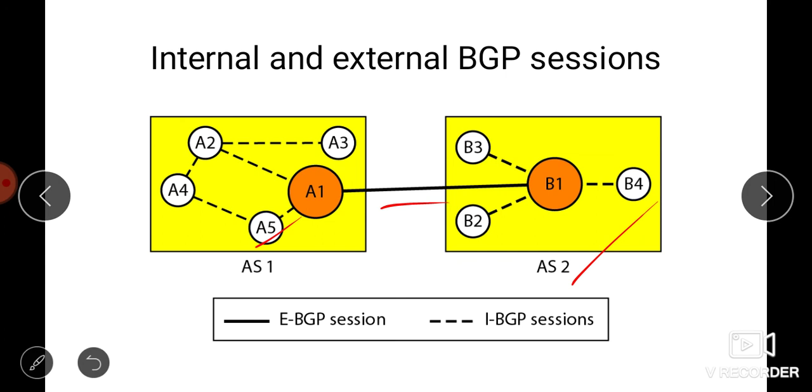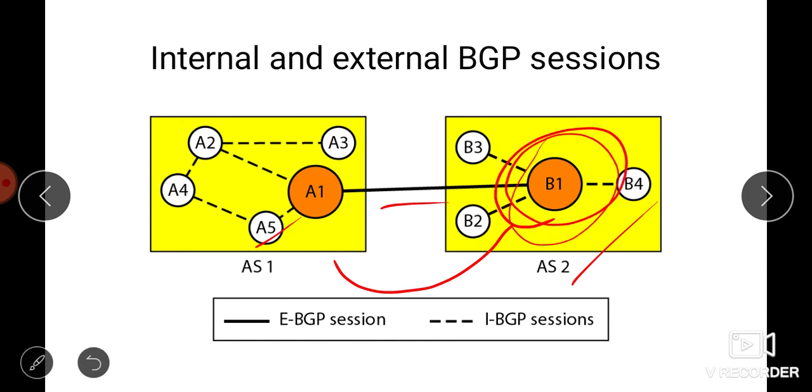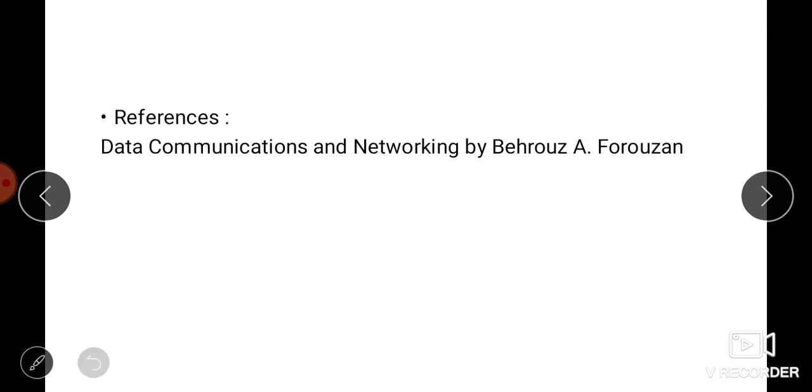This is done by iBGP. If you are transmitting information from one autonomous system to another, it is an external BGP session. If you are transmitting information inside your own autonomous system, done by the speaker node, then it is an internal BGP session. Okay, thank you so much.